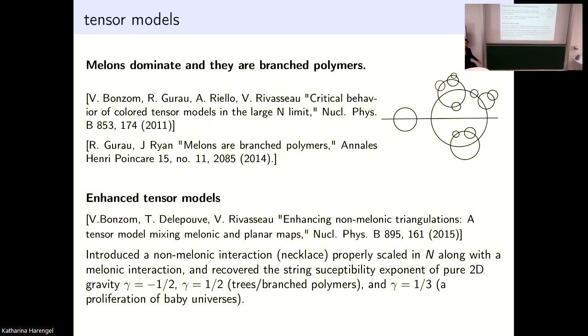We want to get away from them. One such proposal is given by Valentin Bonzom and also Vincent Rivasseau, and the program is called Enhanced Tensor Models. There they introduced a non-melonic interaction, in this case something called a necklace, and then you scale it in a proper way in N so that they can compete with melonic graphs.